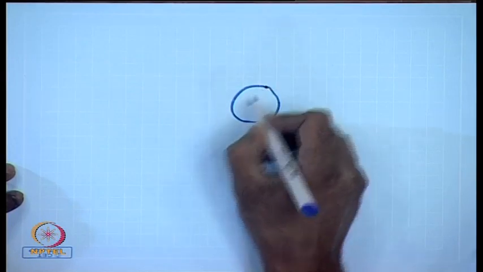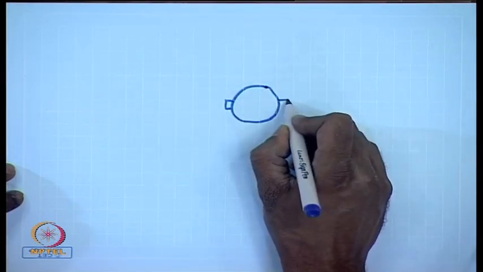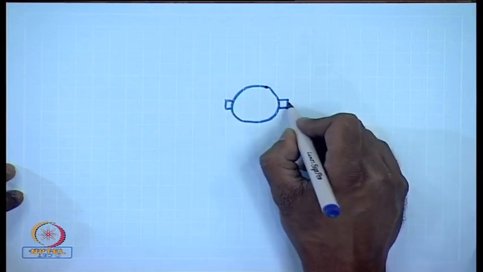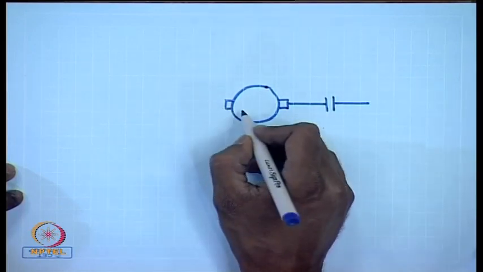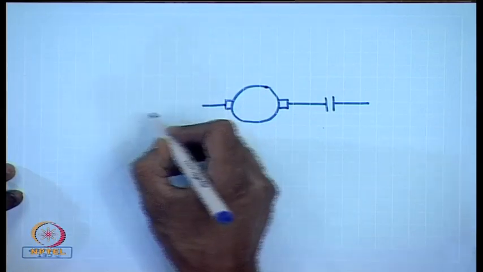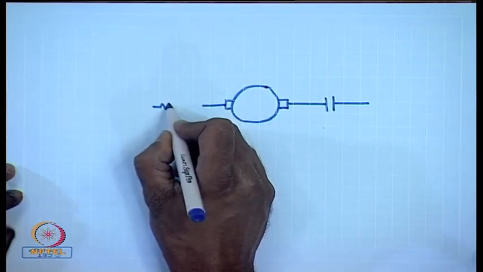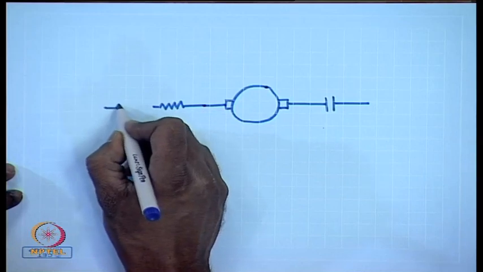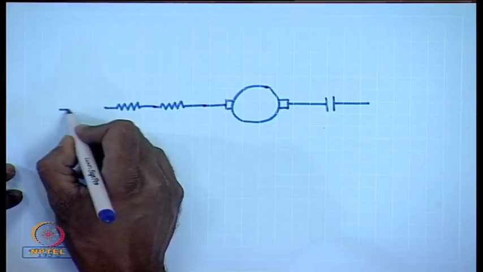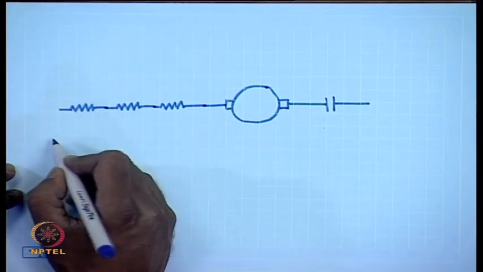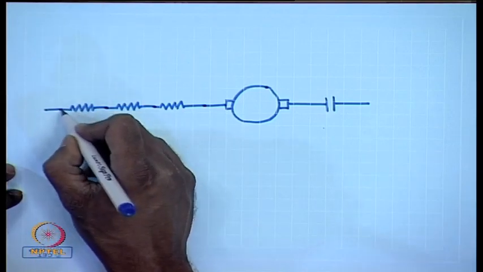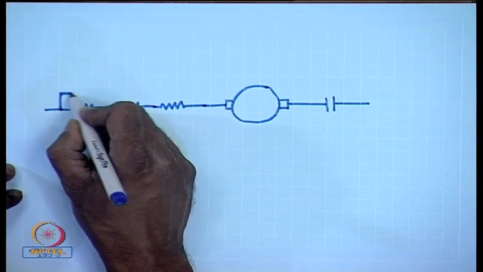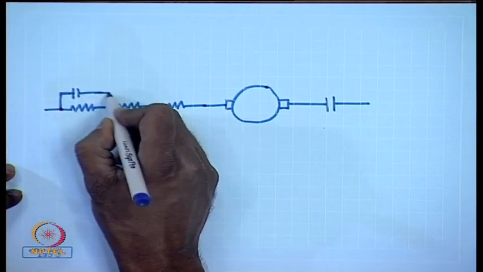Let us say this is the armature, there is a main contactor and of course, these sectional resistances. Each part can be shorted using a contact.